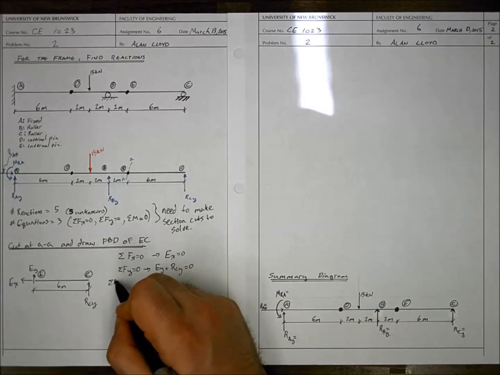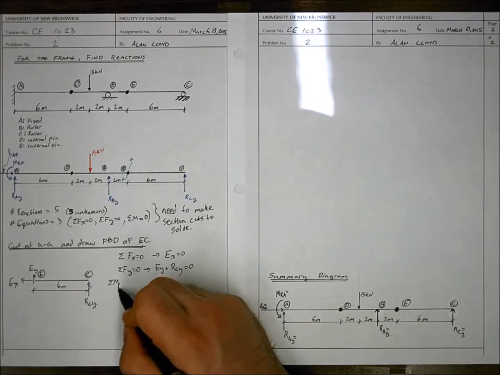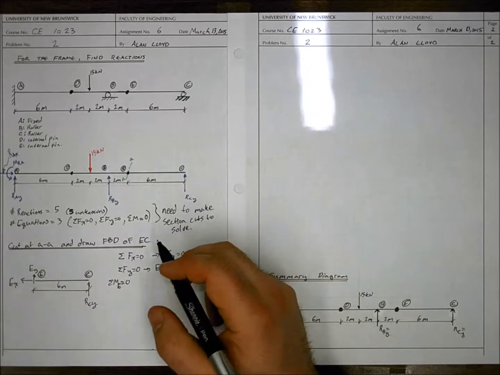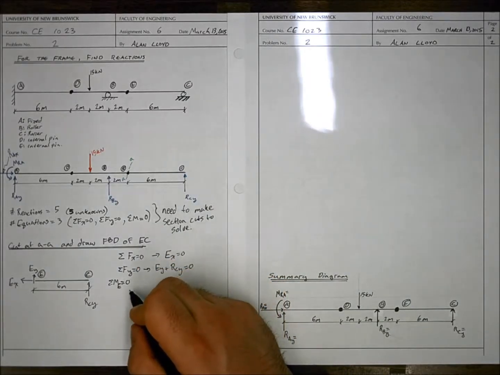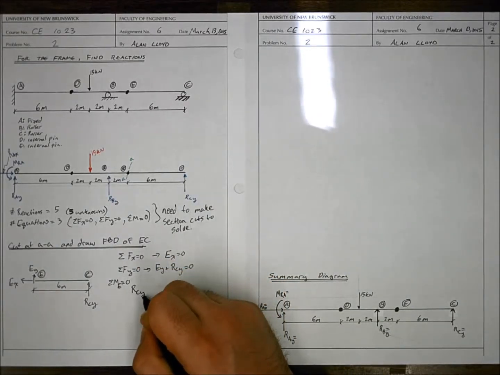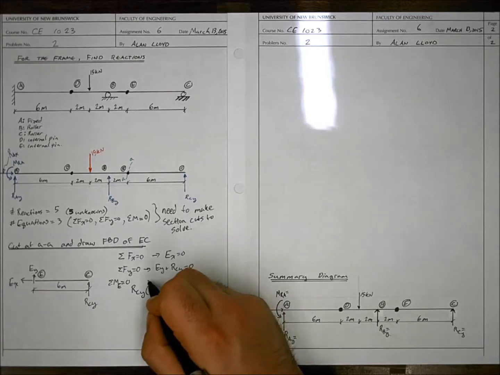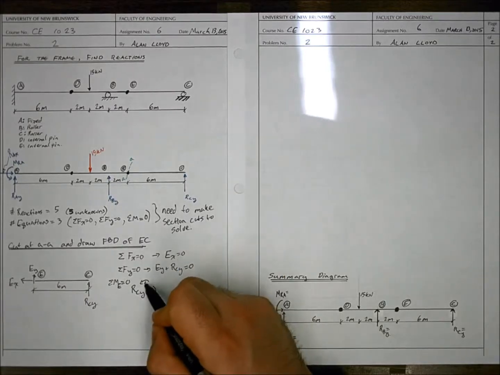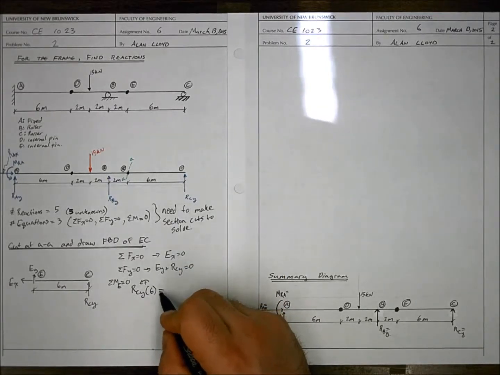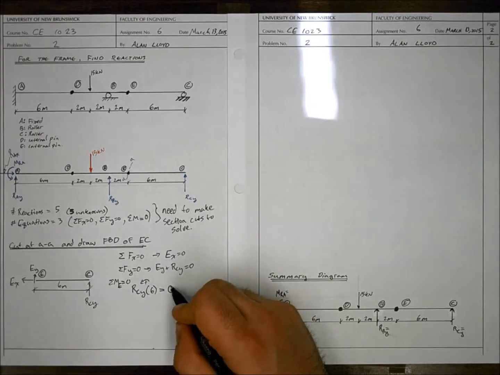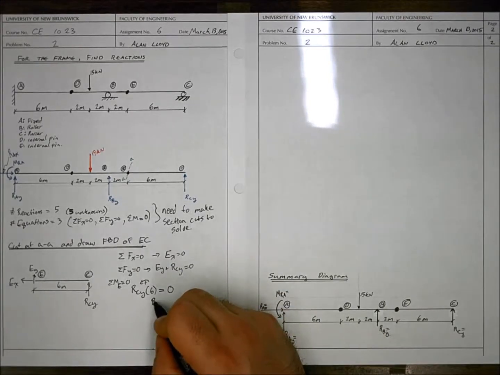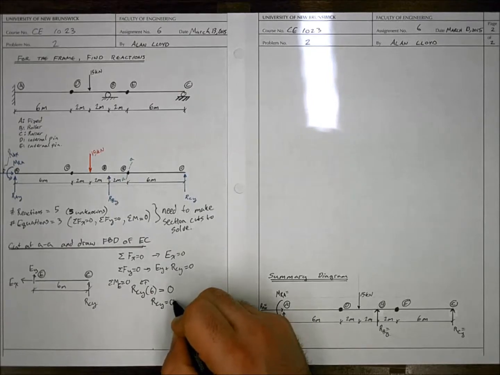If we take sum of moments about location E and set that equal to 0, we'll start to see something happen. We have RCY times 6. This is trying to go counterclockwise according to the way that we've drawn this free body diagram, is equal to 0. Therefore, RCY itself is equal to 0.